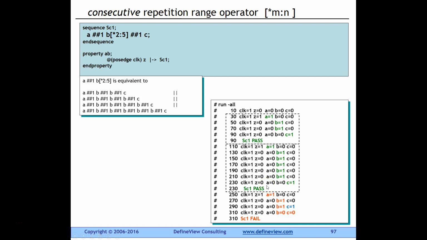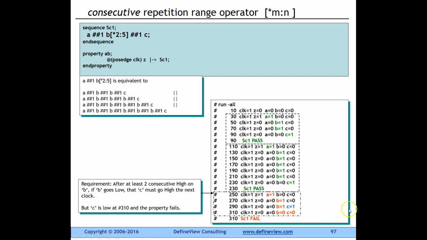I will also in just a minute tell you how to read such a property. Now in this case, this is also a very important case, very easy to miss. Z is high, A is high, B is high for 2 consecutive operations.